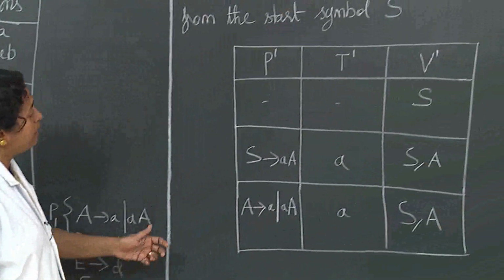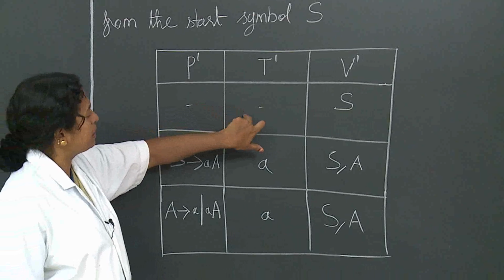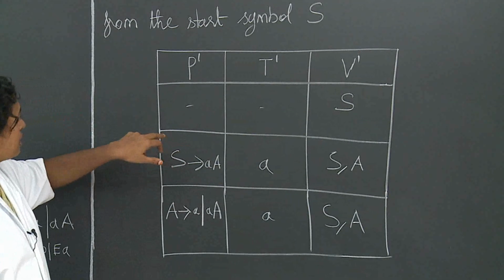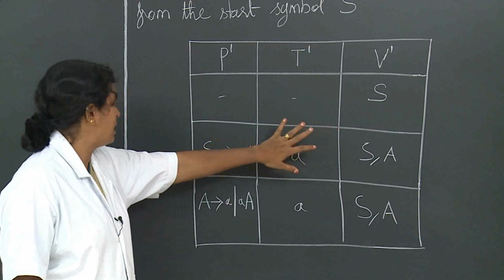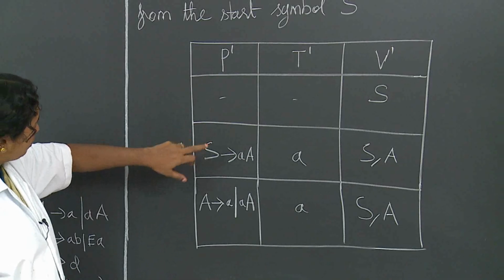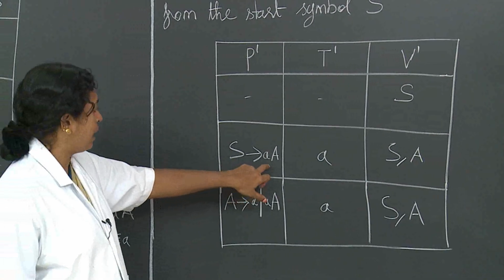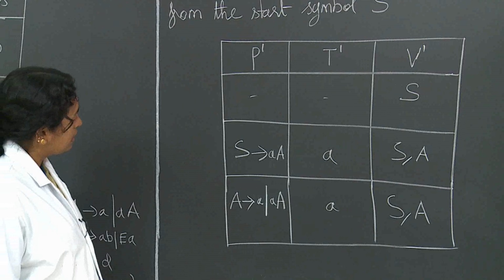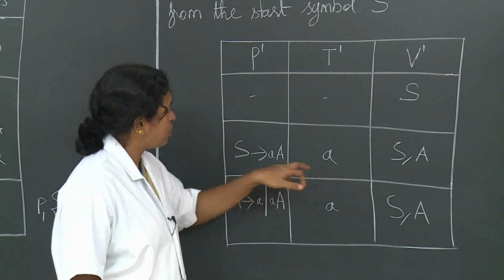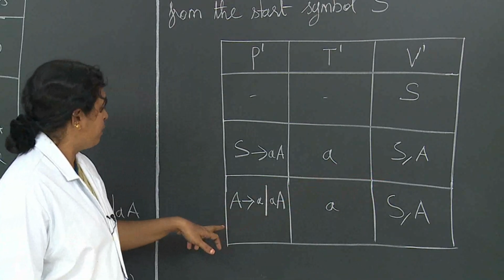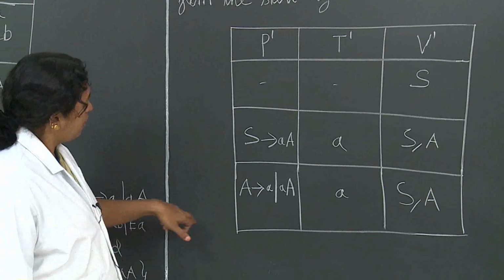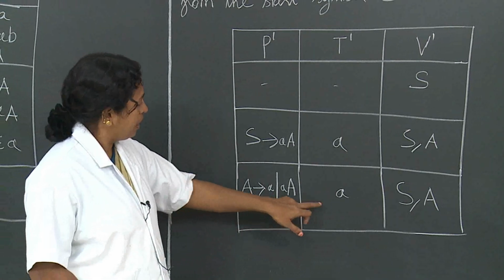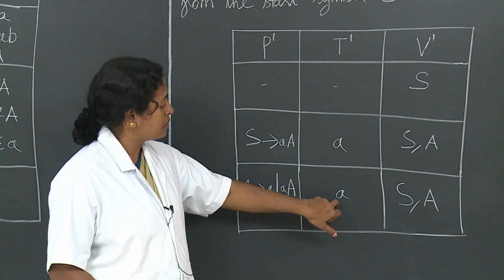First we write the productions, then terminals, then variables. For the first thing we have the variable capital S. Then the production small a, capital A, which we have already seen. In this, the terminal is a and the variables are capital S and A. Again, if you consider A, the terminal is a.